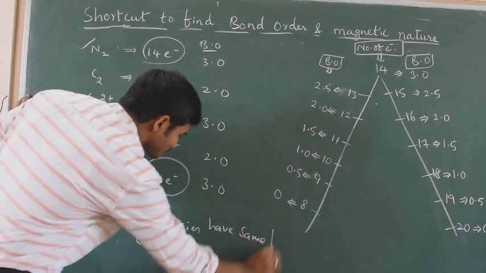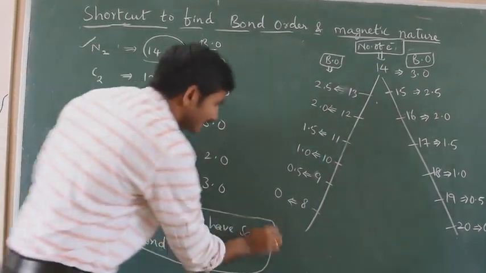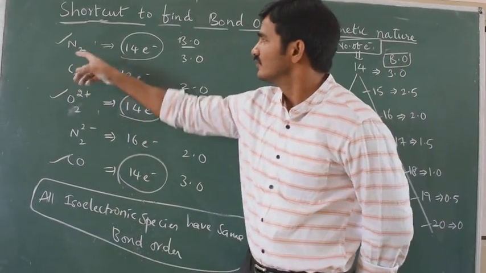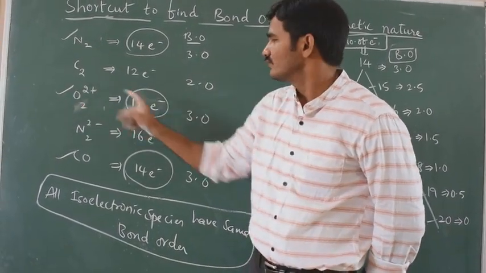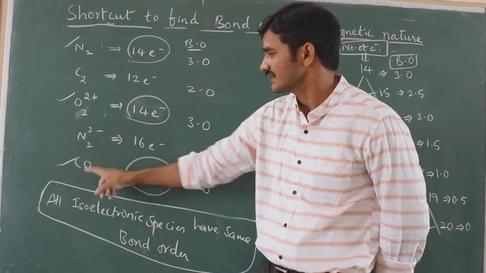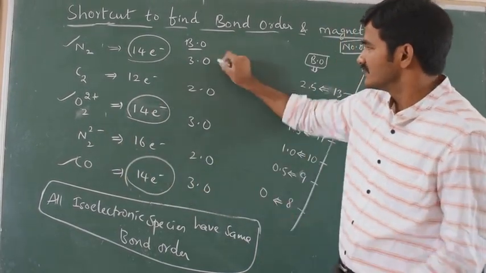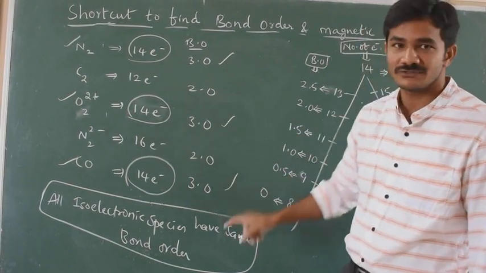N2 has 14 electrons, O2 2 plus has 14 electrons, CO has 14 electrons. All these species have the same bond order, that is 3.0, 3.0, 3.0.